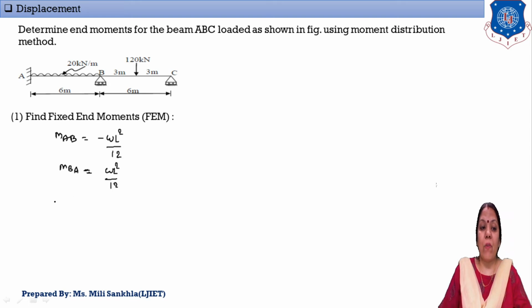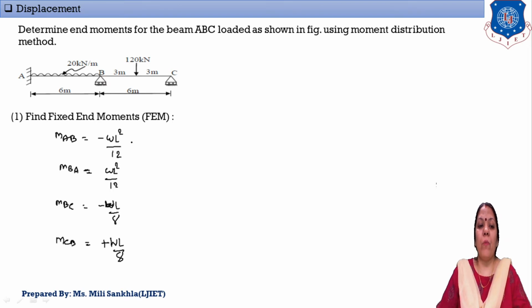Second, we find the moment for span BC, subjected to a center point load: MBC is minus WL by 8, and MCB is equal to plus WL by 8, because it is the equation for a center point load.